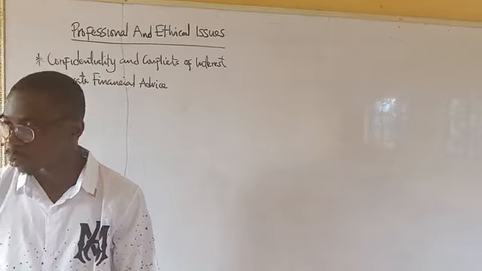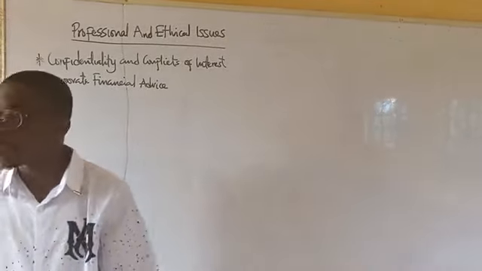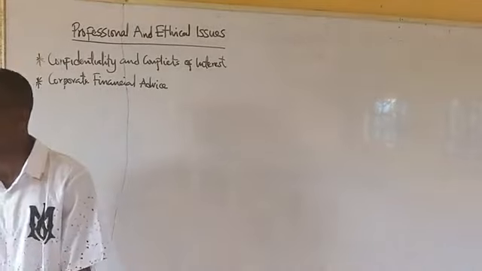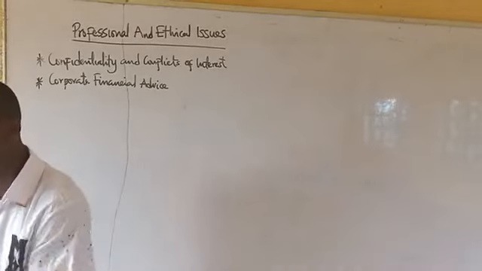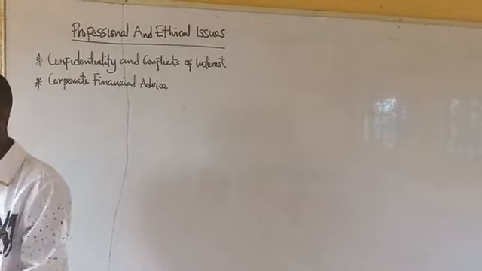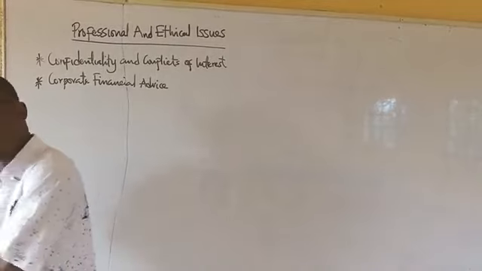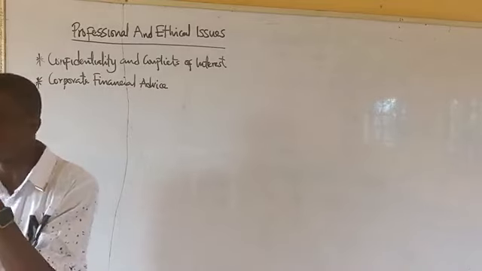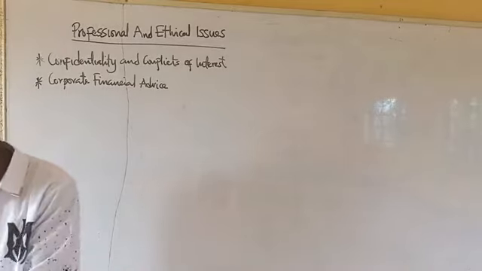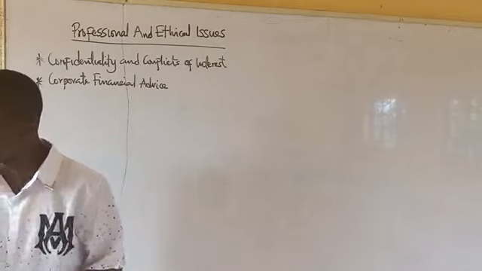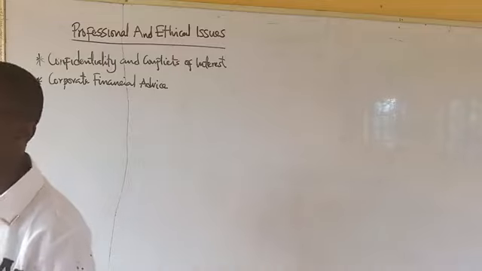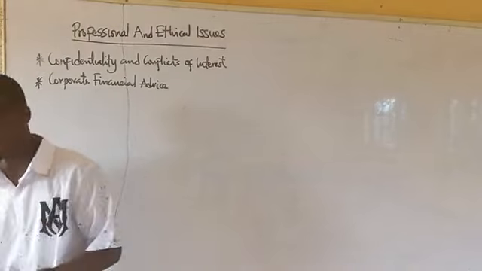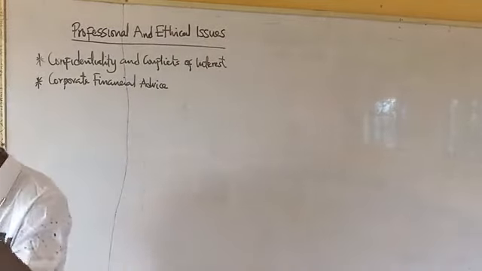Required by law, there may be legal issues where the court may summon the auditor or the professional accountant to provide an explanation of some scenarios, issues or circumstances that involve the client. So based on that, he cannot keep his mouth shut without talking. He has to give out the information to the court. So during the course of legal proceedings or a court case, it is required by law for a professional accountant to disclose the information.